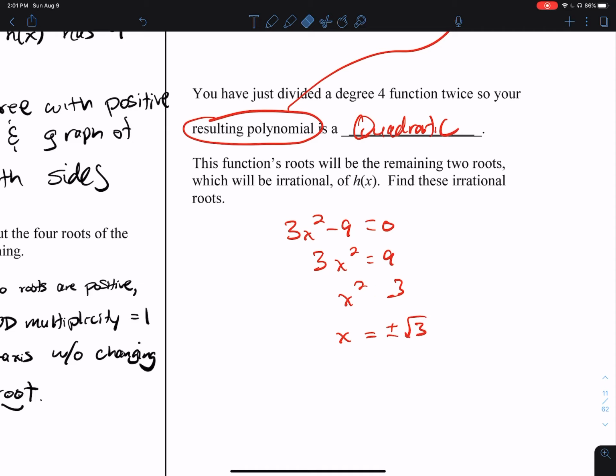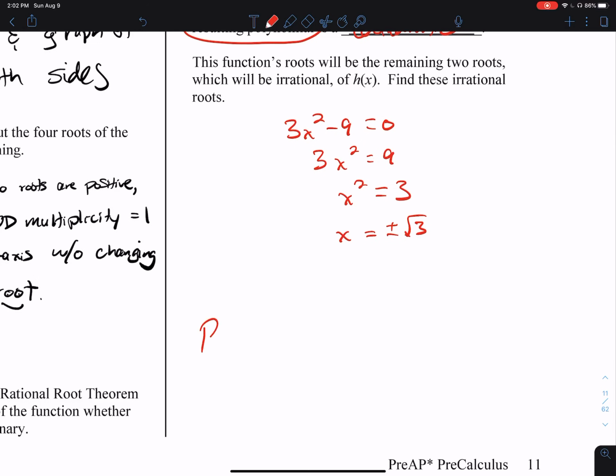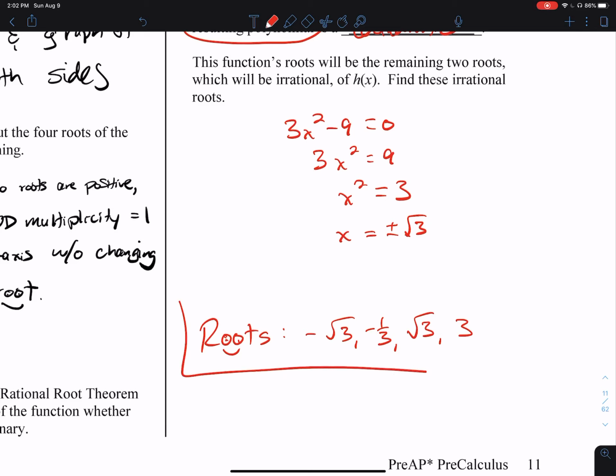So without doing anything too crazy, we got that the other roots were plus and minus the square root of 3. So all the roots for p of x in ascending order: negative square root of 3, negative 1/3, positive square root of 3, and 3.